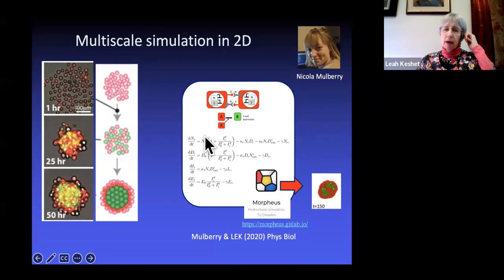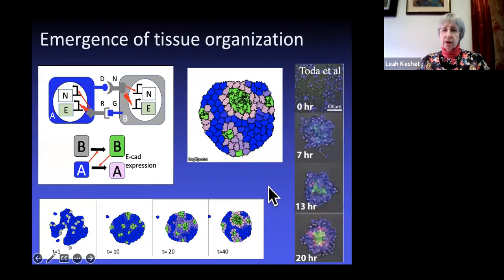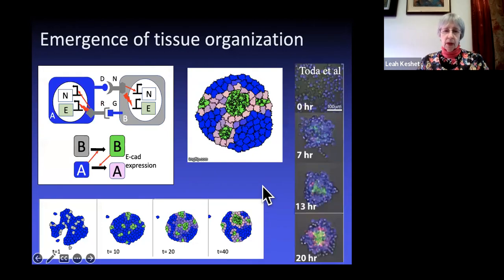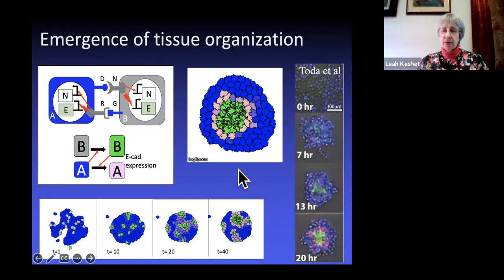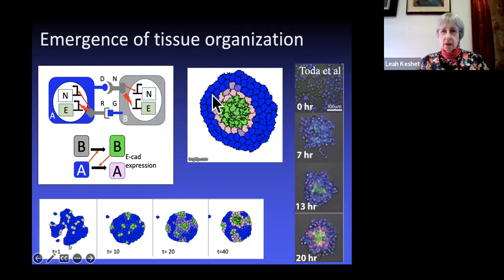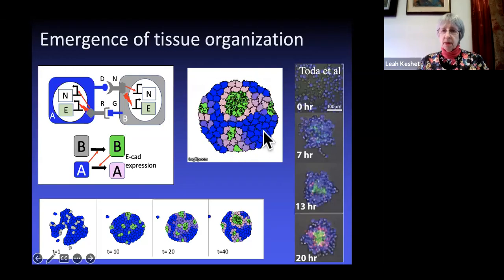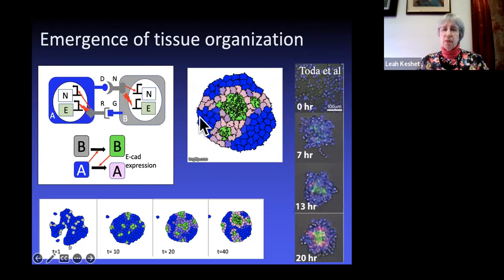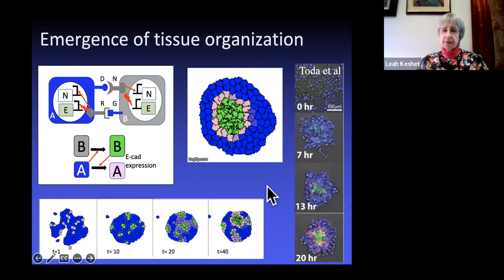It's basically a delta-notch kind of system, and implemented it in a package called Morpheus, which is a multi-scale simulation package. That package enables one to link what happens inside single cells to what happens in, for example, a two-dimensional cluster.